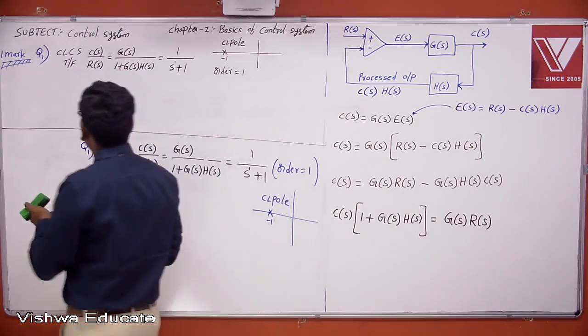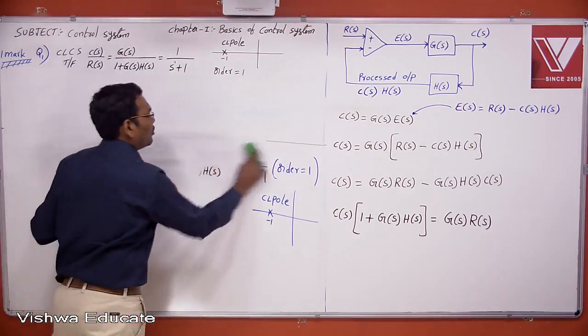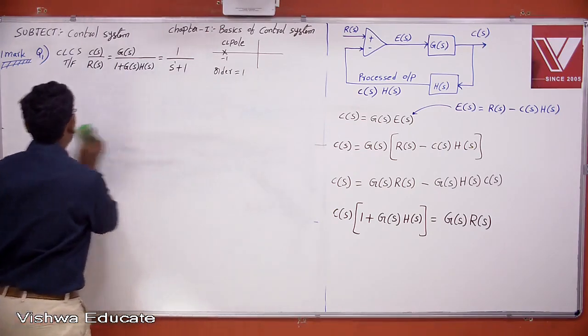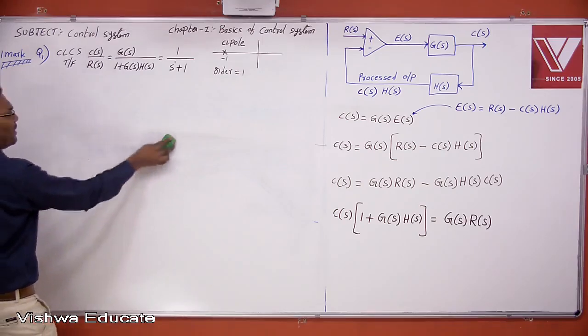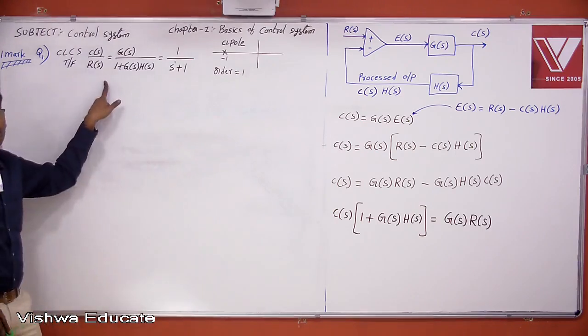But what we want is the type. Type you are not getting from the closed loop control system. For finding the type, you go to the open loop control system. But the given one is a closed loop control system.